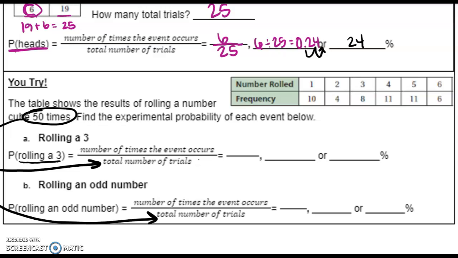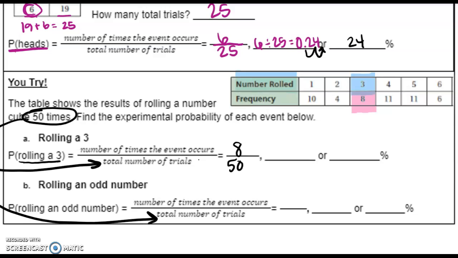So we're going to go over here to the number rolled, and the number rolled we want is a 3. And frequency means how many times did it happen. It happened 8 times. So we know that they rolled a 3 8 times out of 50 total.